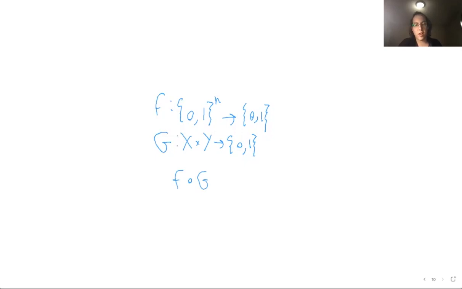And it turns out that for various models, for example, the deterministic communication complexity of this composed function is at most the query complexity of f times the communication complexity of G. And up to log factors, this is even true for randomized.